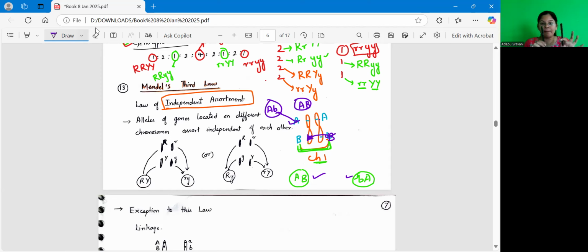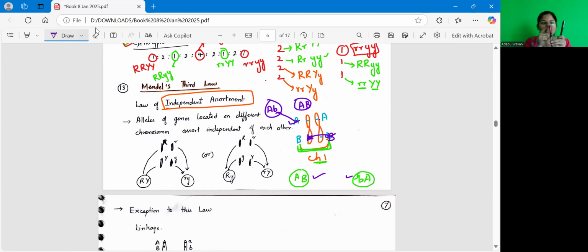But when there is recombination, let me consider again, let me take this exchange of genetic material. So this cap of this gray pen has moved to this cap. Like this, let us say exchange of genetic material has taken place. Now the chromosome is different and the gene is different now.